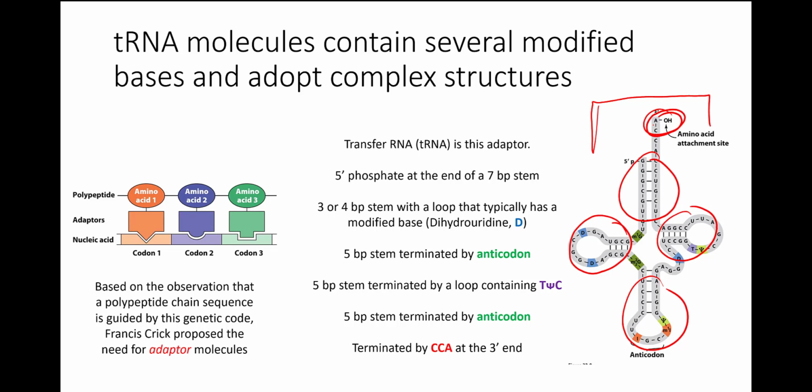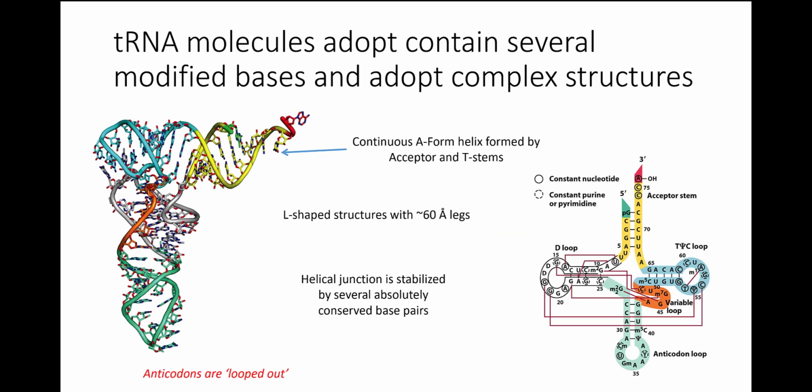So we won't go into any more detail than that for right now, but I just want to point out that the way that it works is really cool, and it depends on some modified bases at very critical positions such that it can fold into a really unexpected structure. So here we're looking at the tertiary structure of this tRNA molecule.